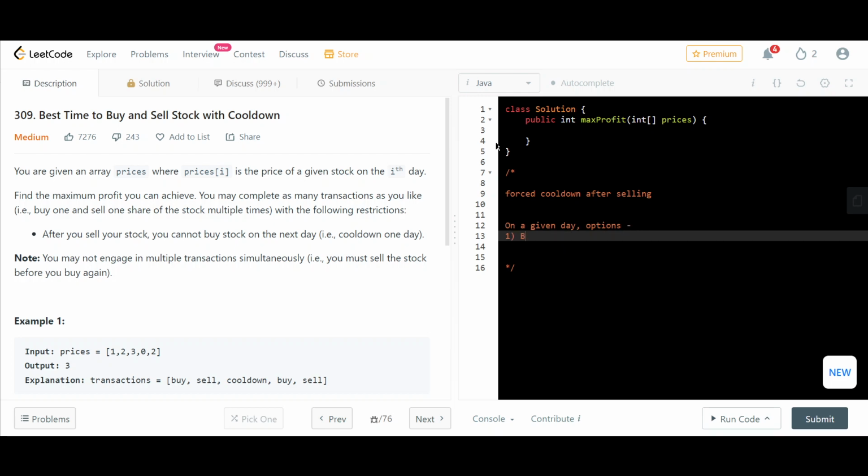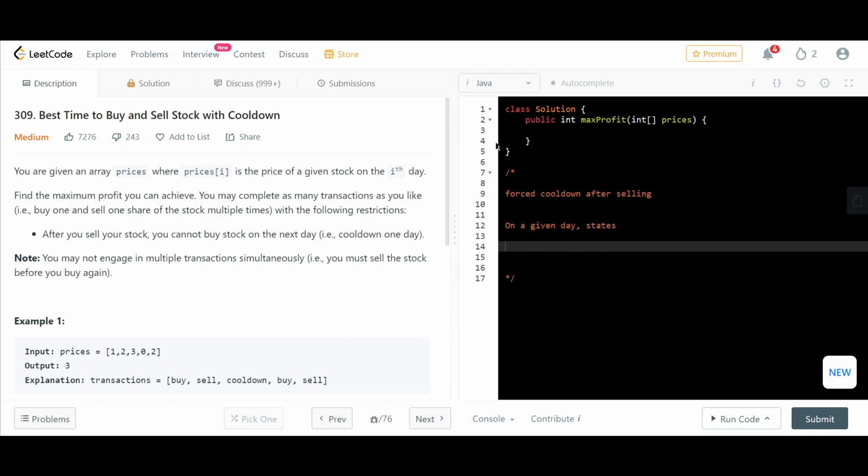I'll do this: my states. These are the three states that I have. One state is I have bought, which could be today or on any past day.